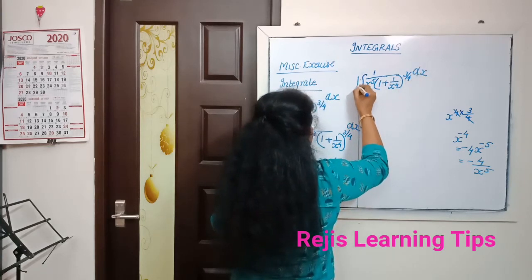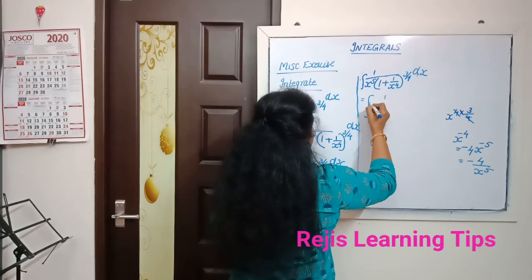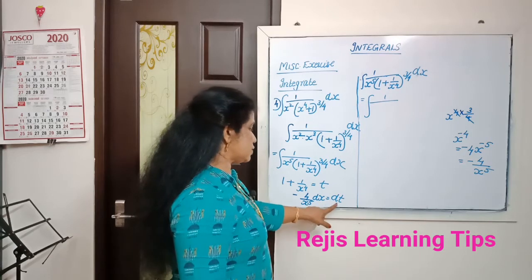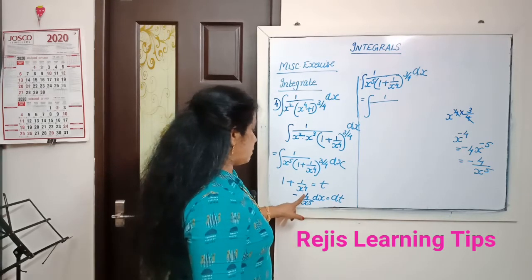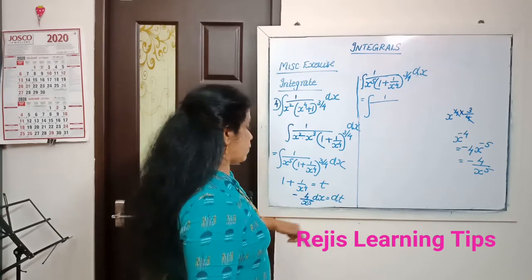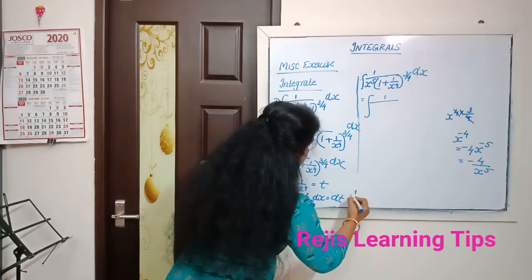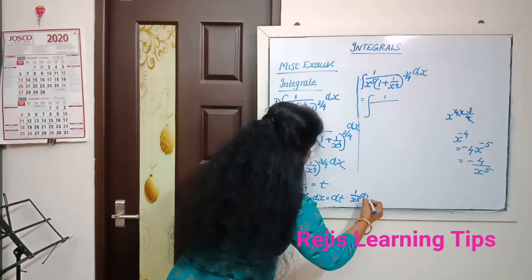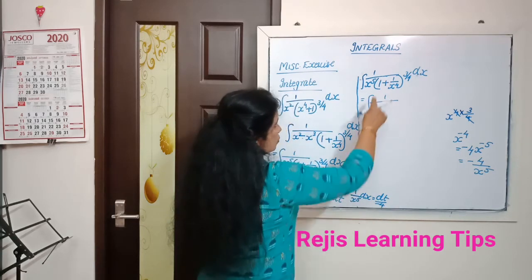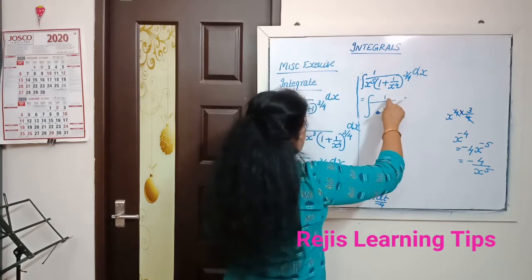Since minus 4 by x raised to 5 dx is equal to dt, 1 by x raised to 5 dx is equal to dt by minus 4. Am I correct?